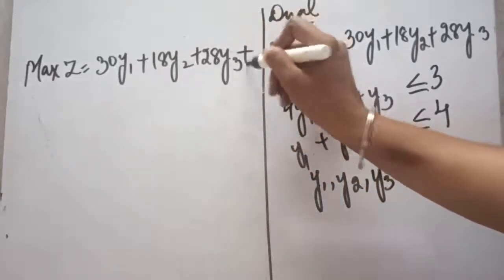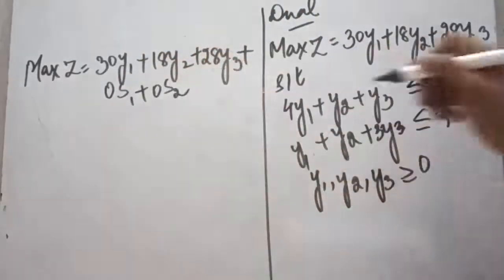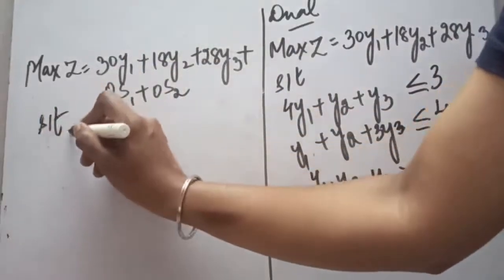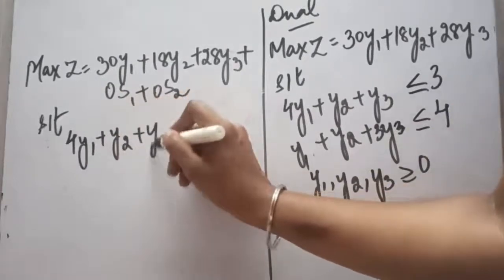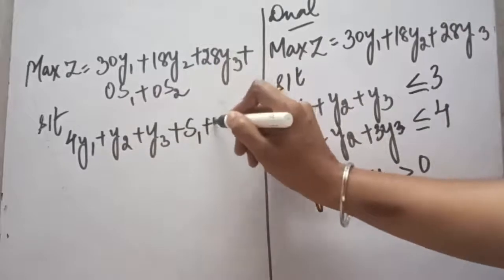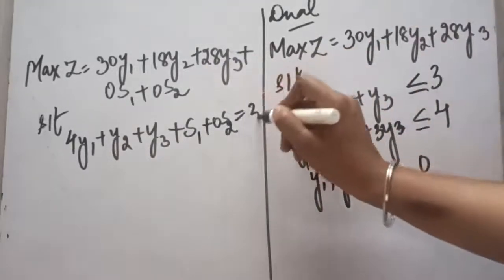So here also the slack variables will be introduced, 0s1 and 0s2, as there are two equations. Subject to, it is 4y1 plus y2 plus y3, it is less than sign, so slack variable 1 will be introduced and slack variable 2 will come with 0 coefficient, is equal to 3.